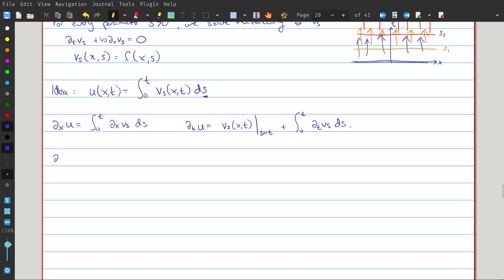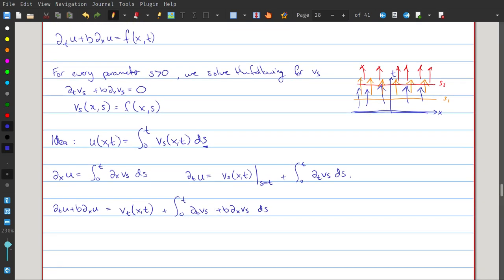And when we add these together, we end up with two things. We end up with v_t(x, t) plus an integral of (∂_t v_s plus b ∂_x v_s) ds. But what do we know about v? Well, we actually know two things about v for every s. We know that it solves the homogeneous problem, so this part is 0.